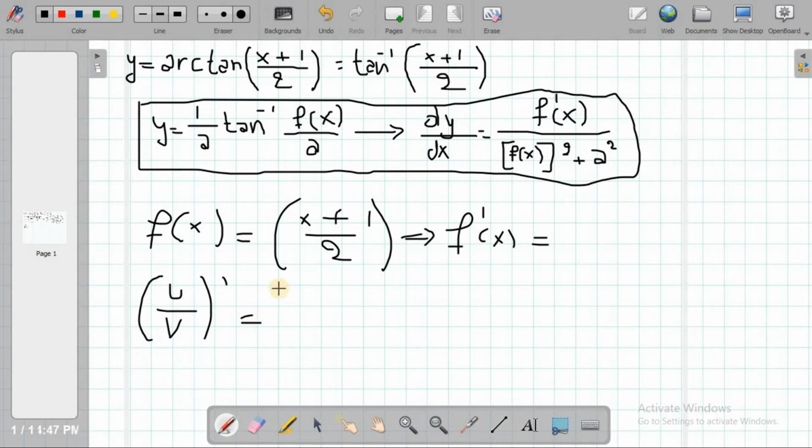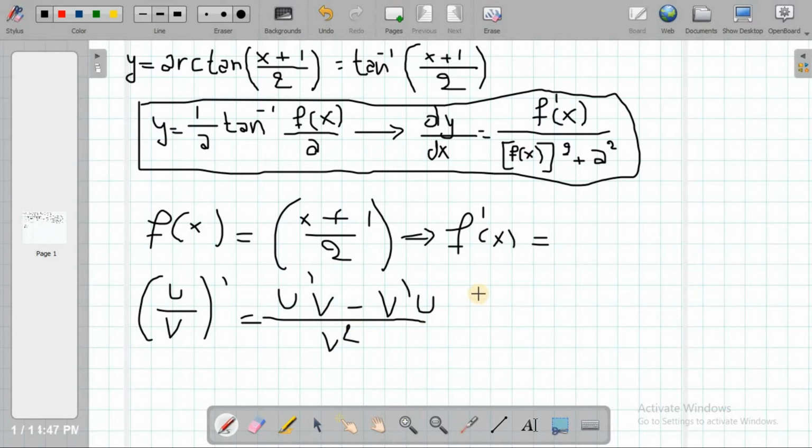So which is equal to what? u prime times v minus v prime times u, over v squared.